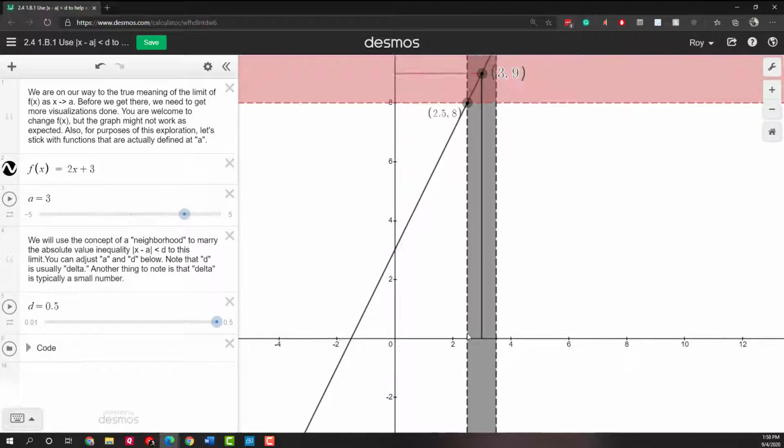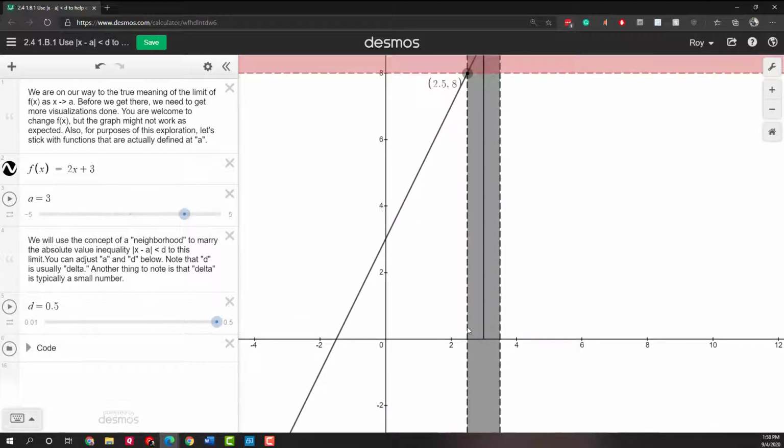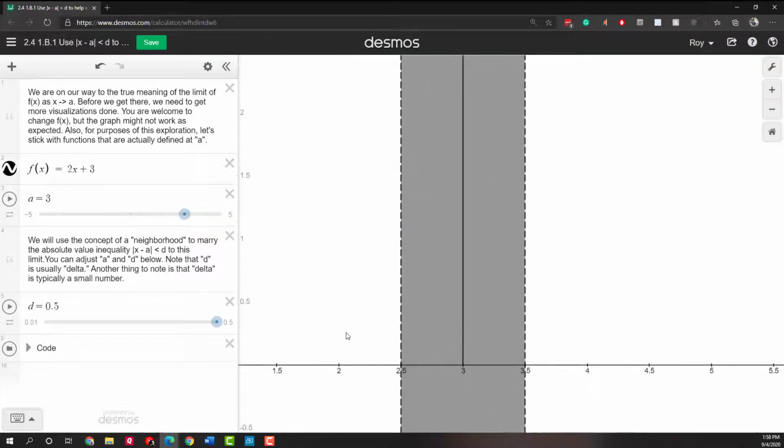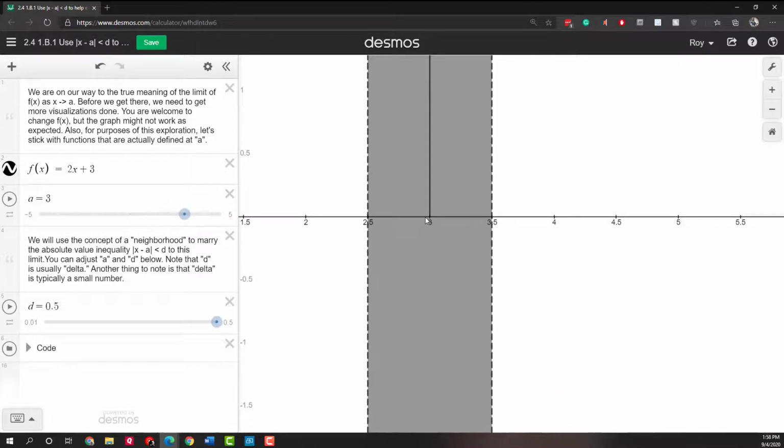Now, the idea that we all kind of agree with limits is that as x gets really close to that a, that 3 there, you're creating a neighborhood about 3. A neighborhood is an interval with a radius. The radius of this currently is set to 0.5, so it's 0.5 on both sides of 3.